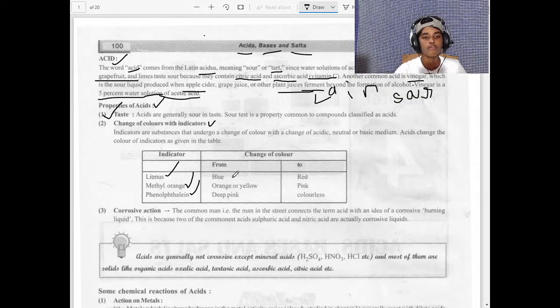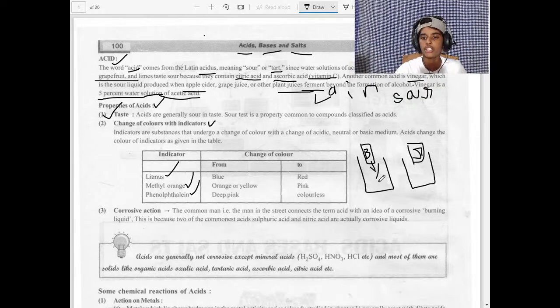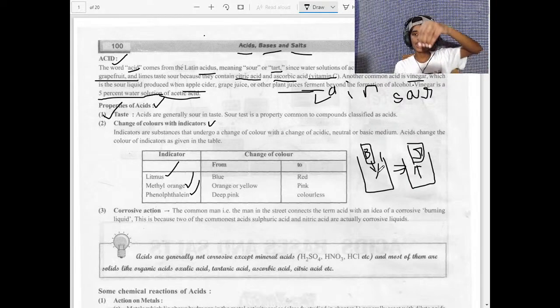Suppose this is blue litmus. Push it into that glass, in the next side, and push in that paper.